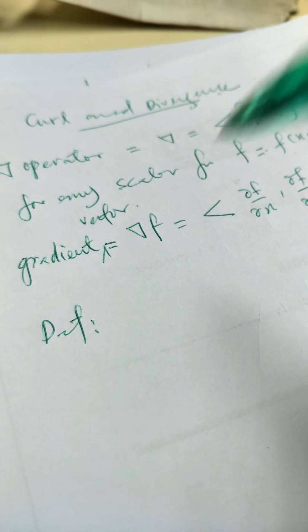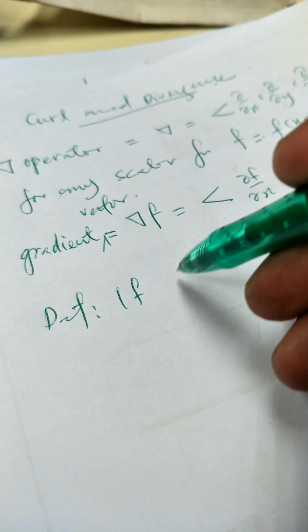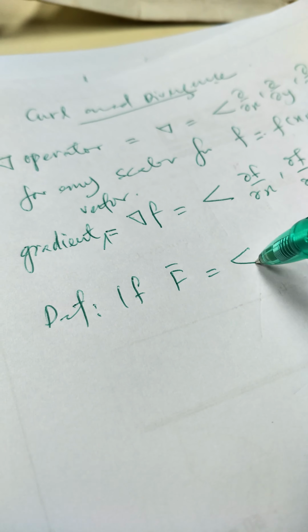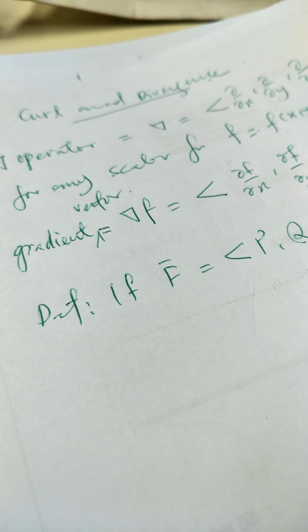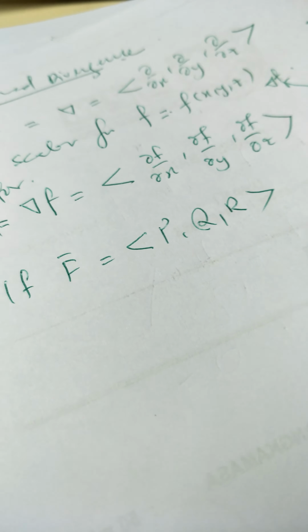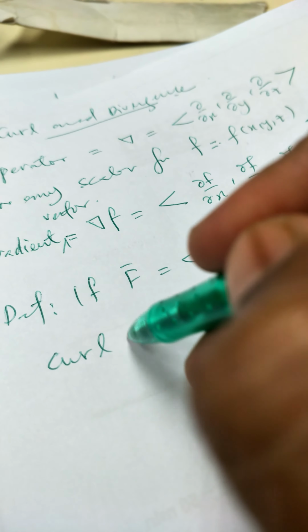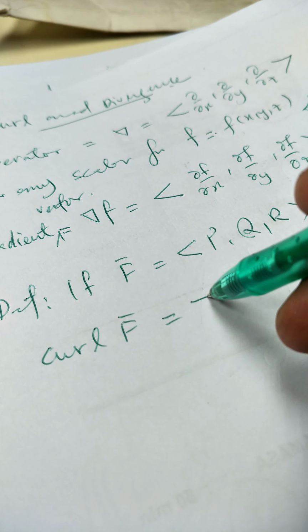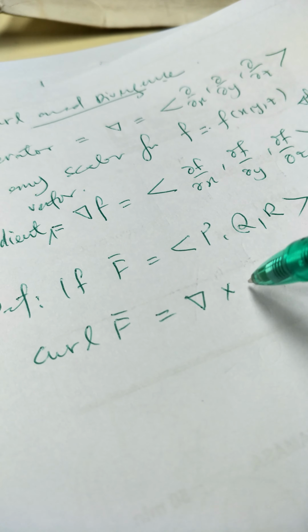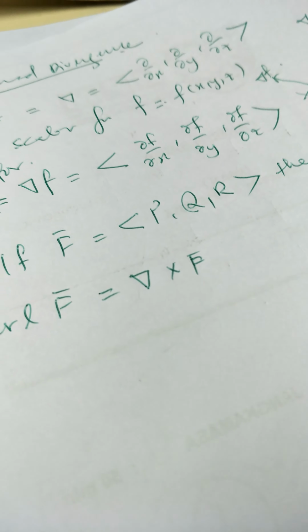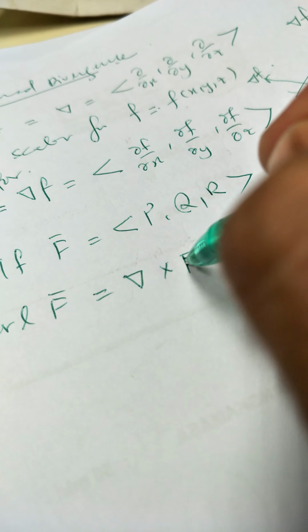Now, for curl, we define, if a vector field f with components P, Q, R, then we define curl f, or curl of f, as del cross f.